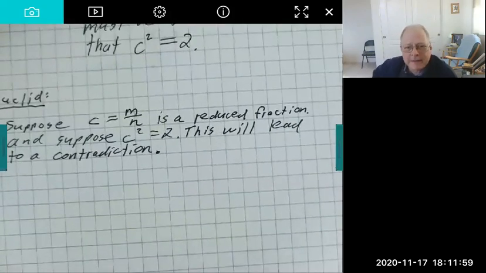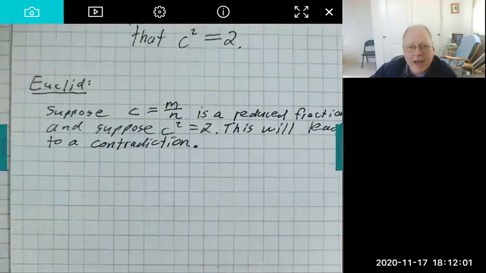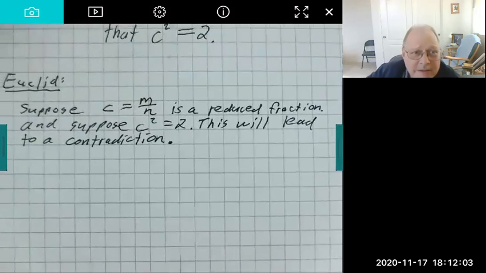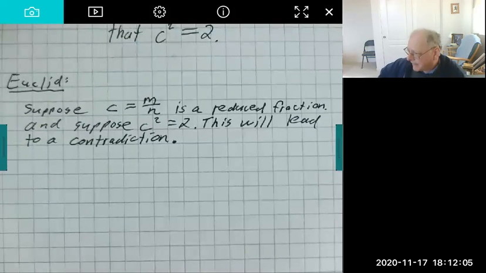The pattern of the argument is going to be sort of like, if it's raining today, then pigs have wings. Pigs don't have wings, so it must not be raining today. Right?